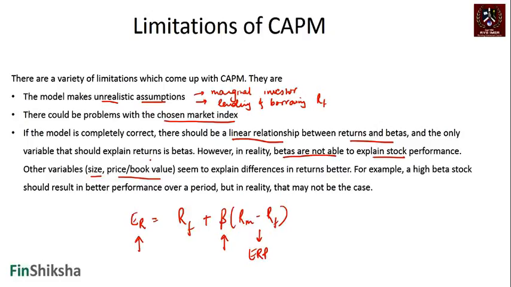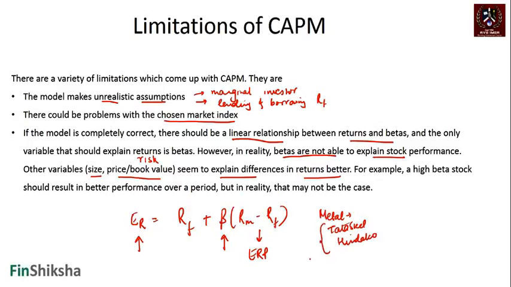We'll discuss some of these as we go along, but some of the other risk parameters explain differences in returns better. For example, typically a high beta stock should show better performance over a period. What are high beta stocks? Metal companies, the likes of Tata Steel and Hindalco, will have a high beta.